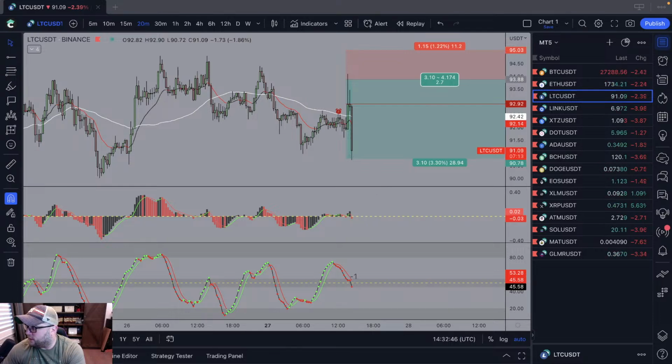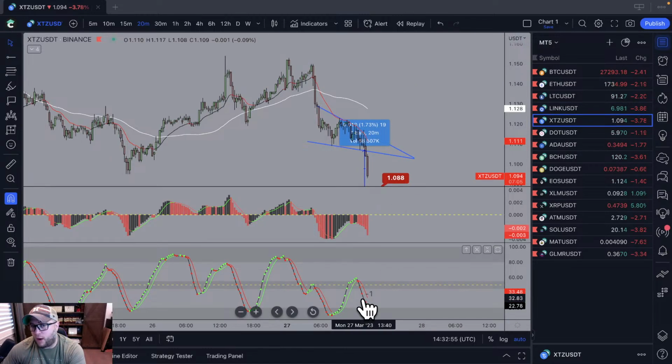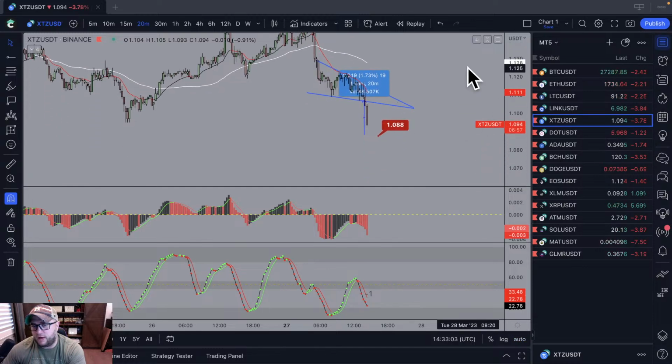But isn't there still a divergence on XTZ? Let's go look at it. Yeah, it hasn't turned up quite yet. Everything's pushing down. If it does start turning up, then you'll have a bullish divergence.